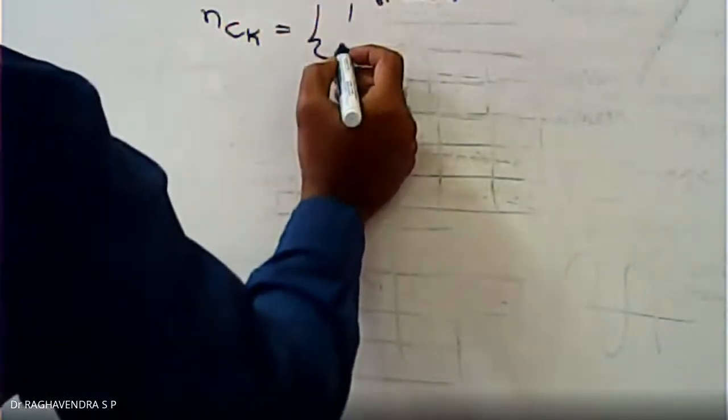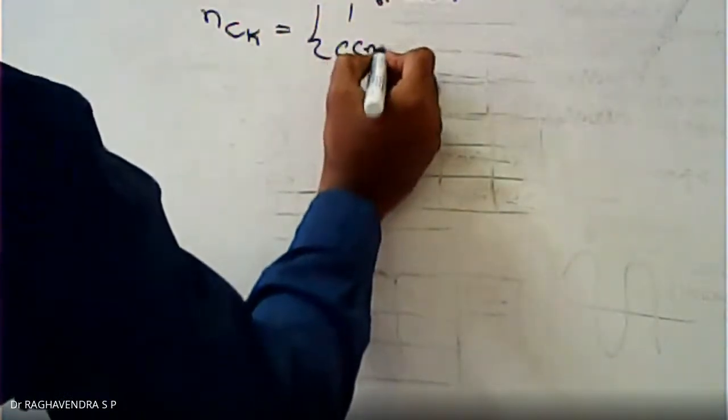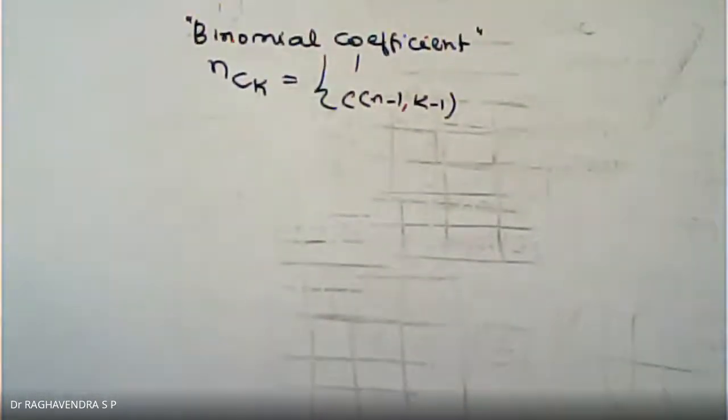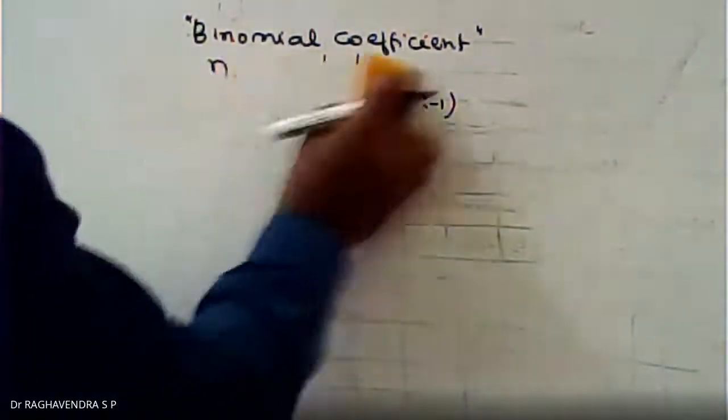This is the one thing through which we can solve the NCK problems, and I have given the formula, that is 1 as well as C of n minus 1 comma k minus 1 and all those things. So that we have solved in our previous class. Okay, so directly I will go to the problem.